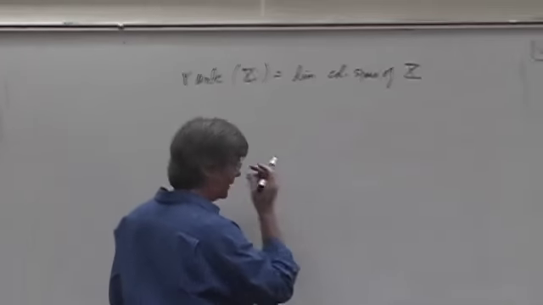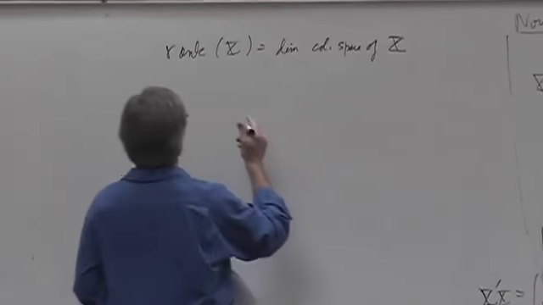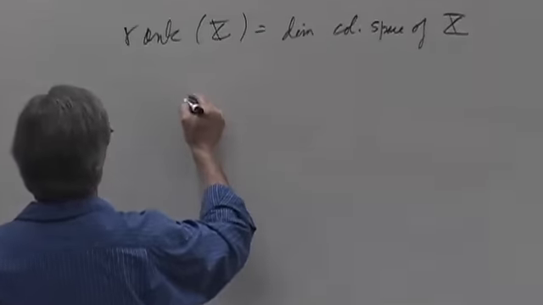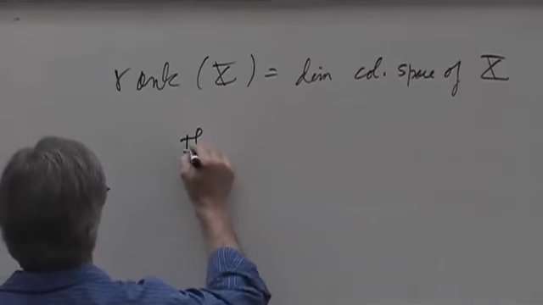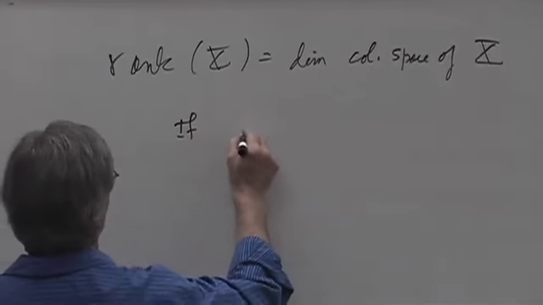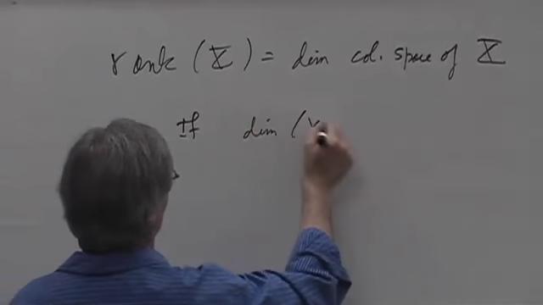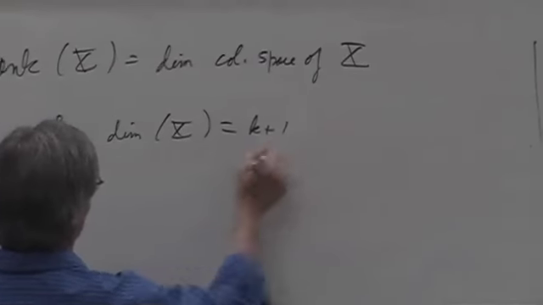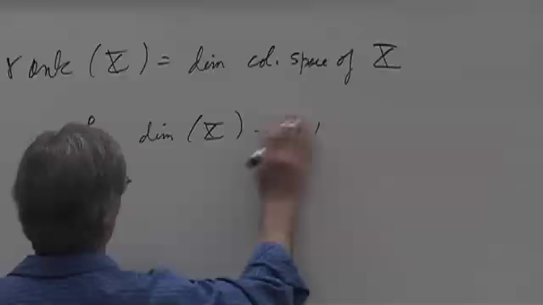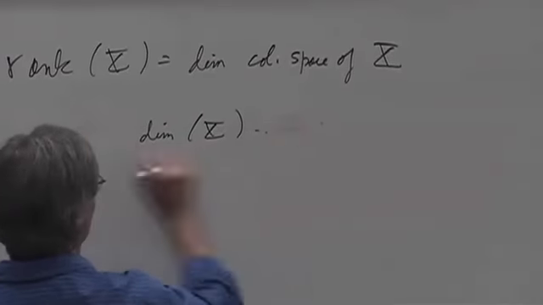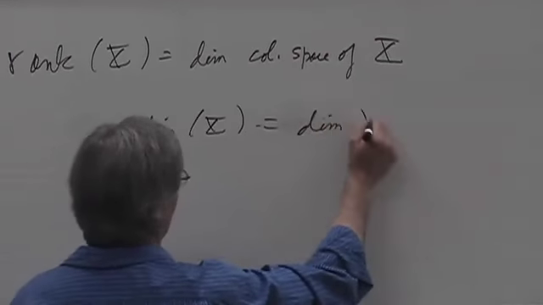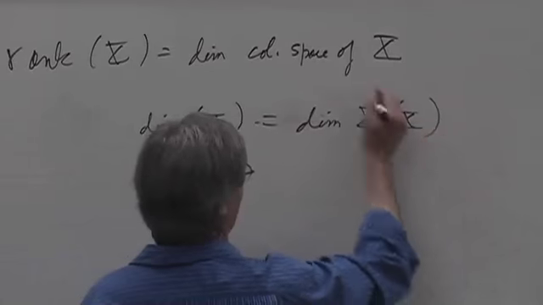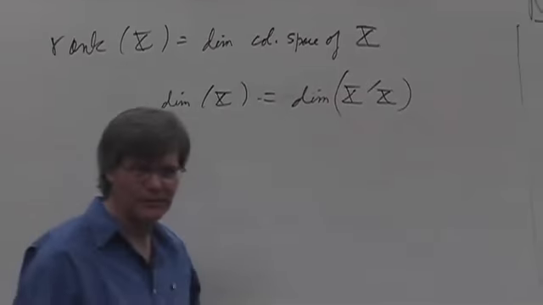Dimension of the column space of X. So if the dimension of X is equal to k plus 1, and also know that the dimension of X is equal to the dimension of X prime X. That's a theorem from linear algebra. Okay.